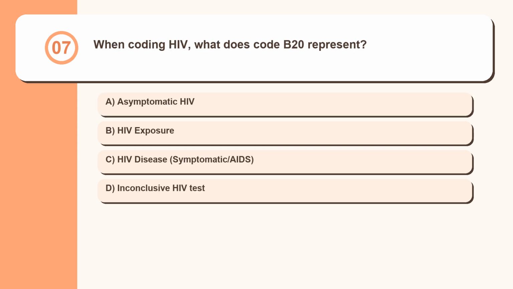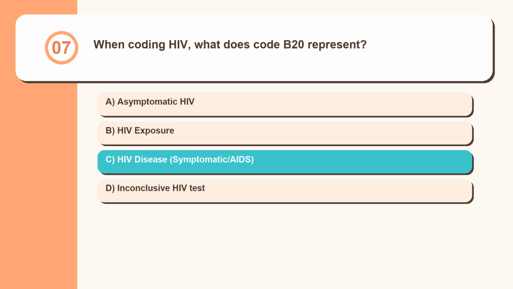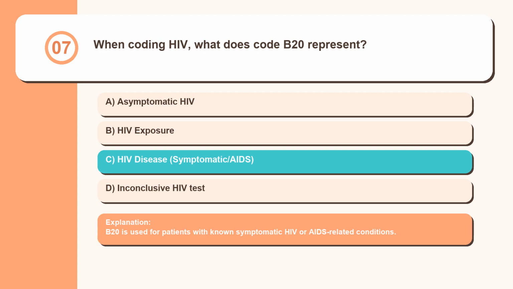Question 7. When coding HIV, what does code B20 represent? Asymptomatic HIV, HIV exposure, HIV disease, symptomatic/AIDS, inconclusive HIV test. B20 is used for patients with known symptomatic HIV or AIDS-related conditions.